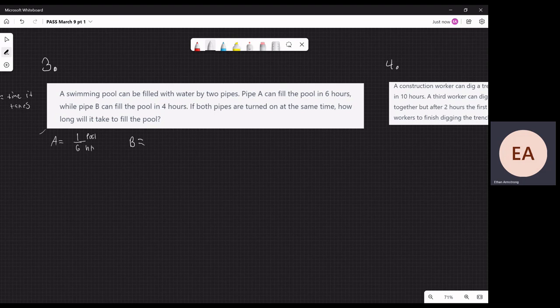Pipe B can fill the pool in 4 hours. That means 1/4 pools per hour. And so let's say let x equal the combined rate of both pipes.